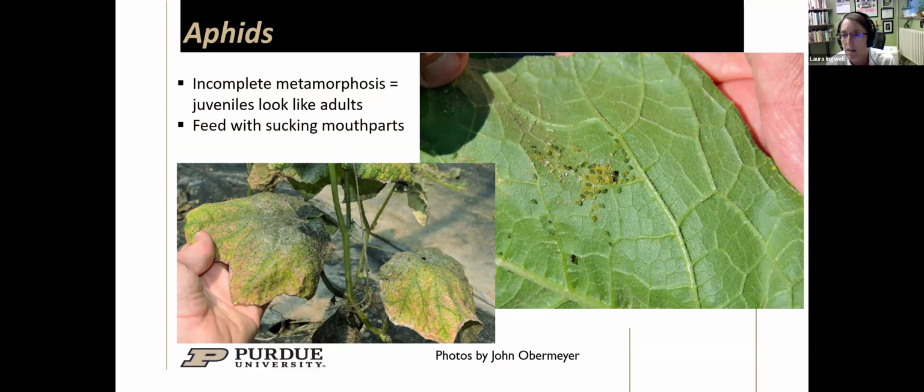I think more often we see it in pumpkin than the other cucurbit crops. They, again, go through incomplete metamorphosis, so they look very similar. The things that you want to look for is distortion in the shape of the leaves, and this is sooty mold that grows on the surface of the leaves due to the honeydew that they are excreting.